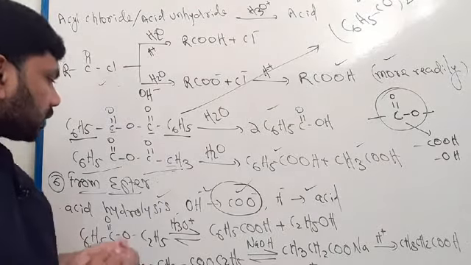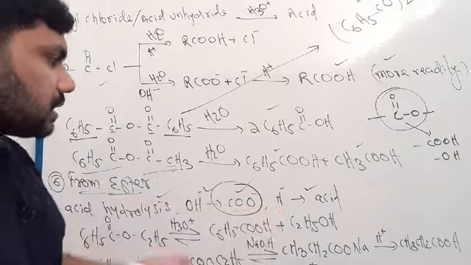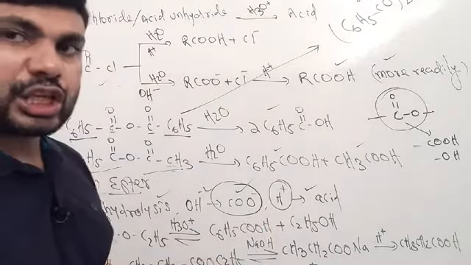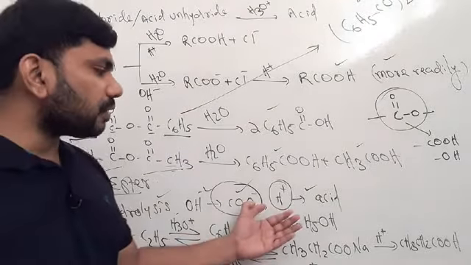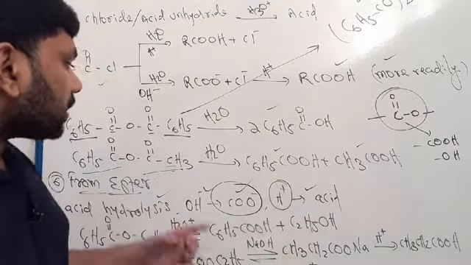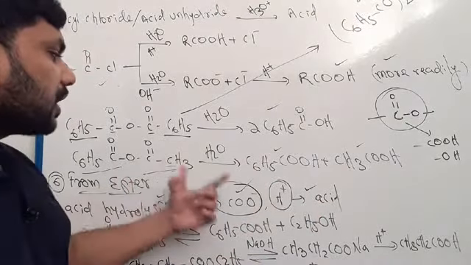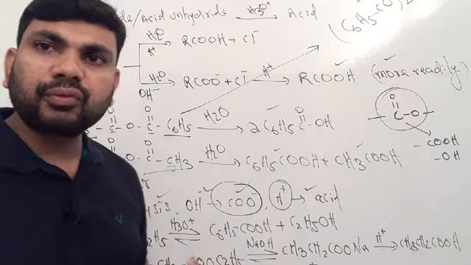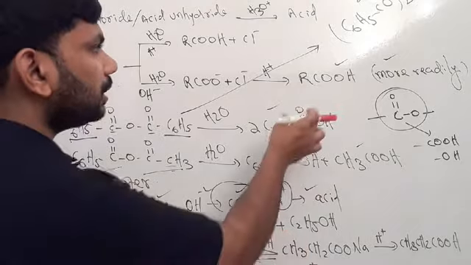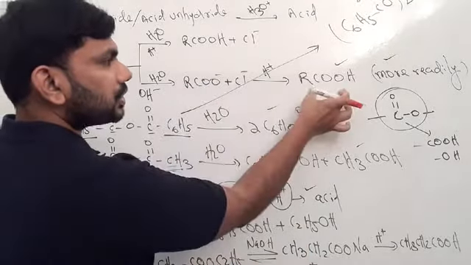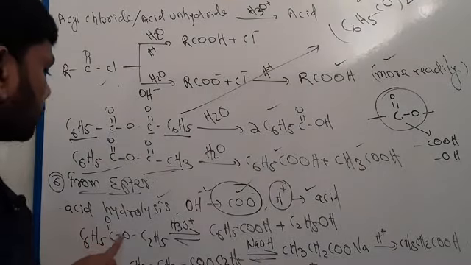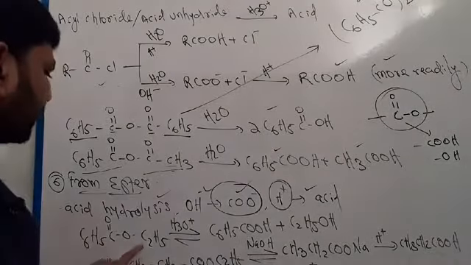Similarly, ester after acidic hydrolysis, which we represent with H plus, in the presence of dilute hydrochloric acid or dilute sulfuric acid, forms carboxylic acid directly. But in alkaline hydrolysis the ester first changes to carboxylate ion, which on further hydrolysis changes to carboxylic acid. Example for this, look here, C6H5 C double bond oxygen C2H5, ethyl benzoate.